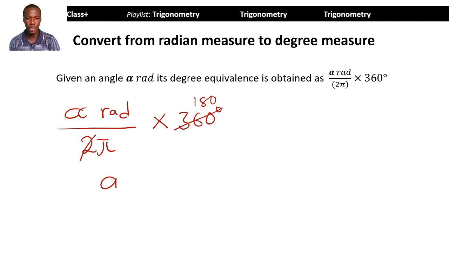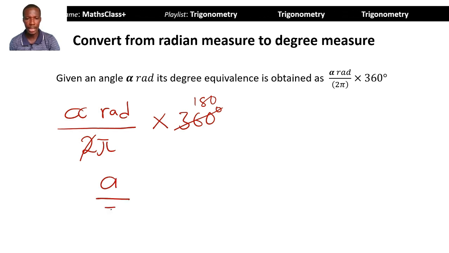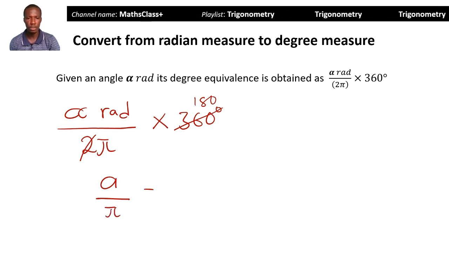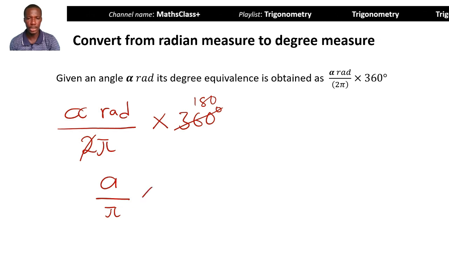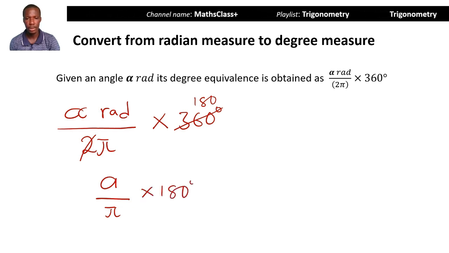So the value in rad over pi is multiplied by 180 degrees. This is how we do the conversion from radian to degree. I hope this is understandable.